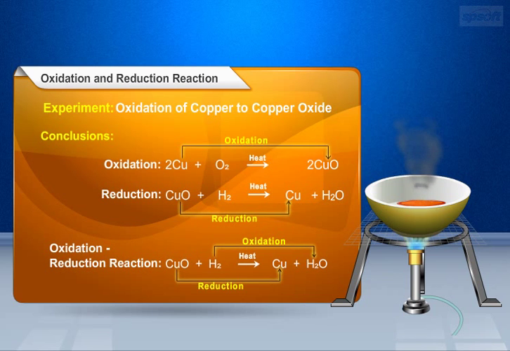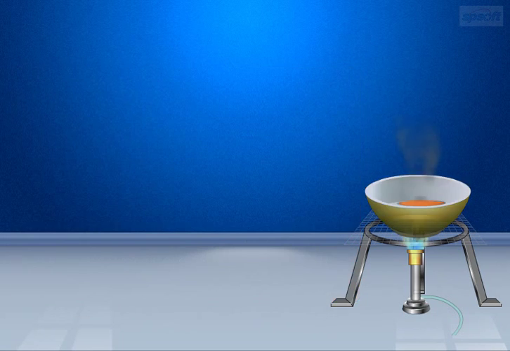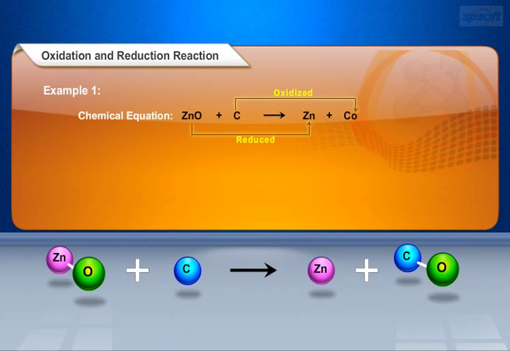As the reaction is reversible, from copper to copper oxide and from copper oxide to copper, by gaining and losing oxygen, we can conclude that it is an oxidation and reduction reaction. The chemical equation of this reaction is oxidation, reduction. Some other examples for redox reactions are as follows.